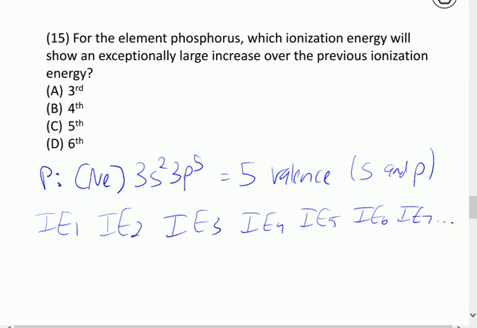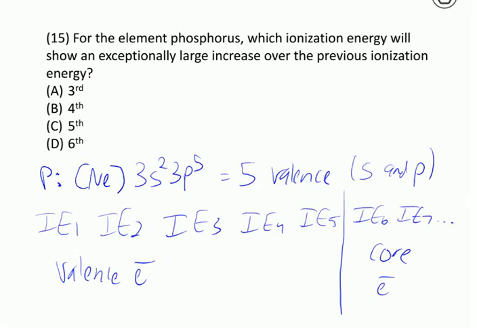And if we have 5 valence electrons, that means these first 5 ionization energies refer to the removal of valence electrons, and anything beyond this, 6, 7, and so on, refers to core electrons. There's a huge jump in ionization energy when you go from valence electrons to core electrons. All of these are going to get bigger than each other. 2 is going to be bigger than 1, 3 is going to be bigger than 2, but the very huge jump occurs once you finish removing all the valence electrons. After ionization energy 5, you have to start removing core electrons, and that is much more difficult to do.